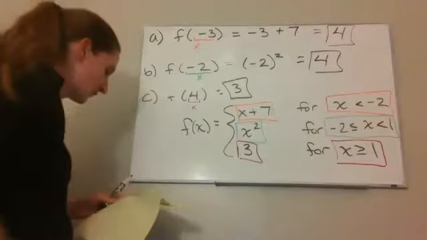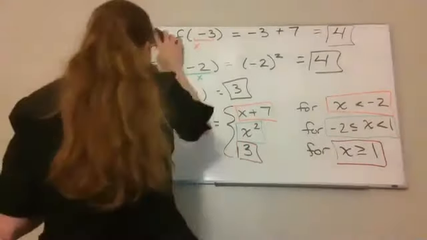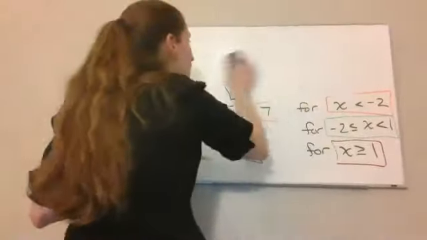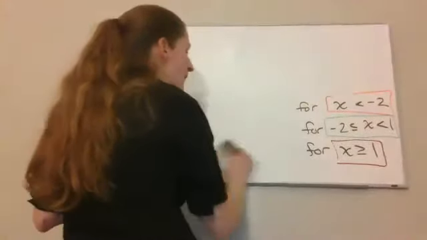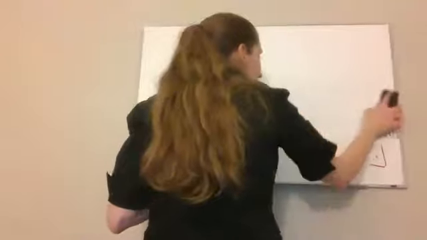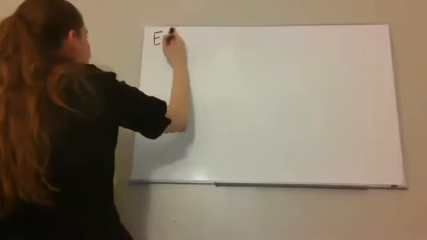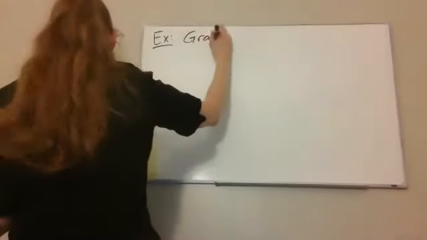Now let's practice graphing one of these. Graphing piecewise functions can sound a lot more difficult than it actually is. You basically get to just graph each piece, but you graph it all on the same grid. So let's graph.